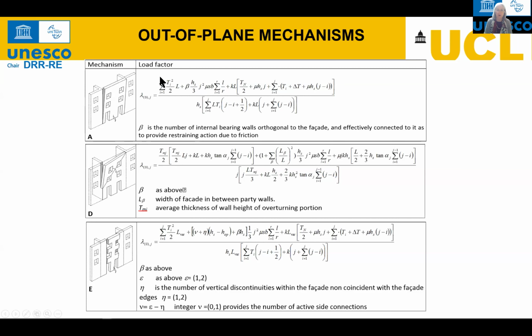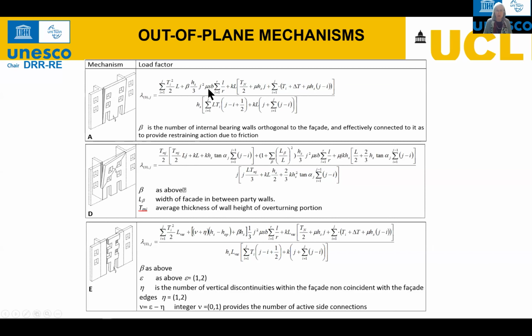So here, for instance, we can recognize some of the inputs that you are requested. T stands for thickness, L stands for the length of the facade, AH is the height of the stories, and beta is the number of internal bearing walls orthogonal to the facade, which effectively restrain the facade from overturning.